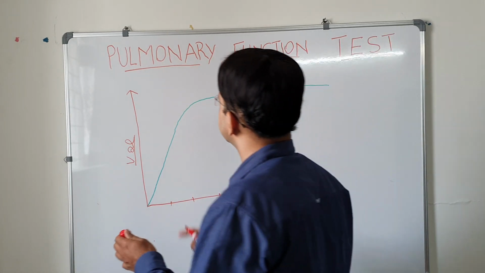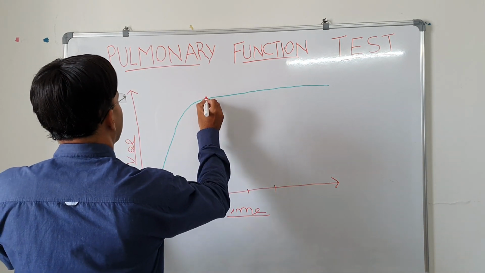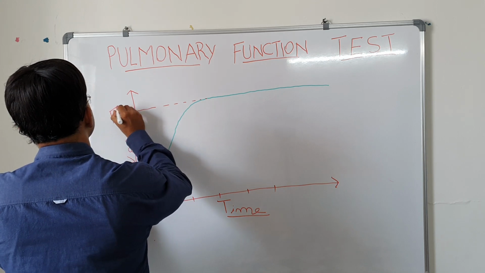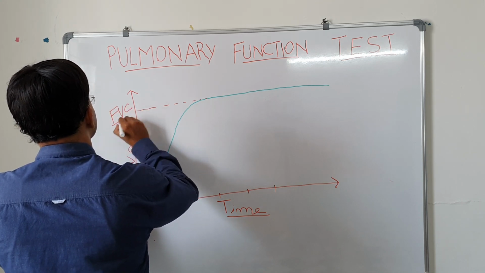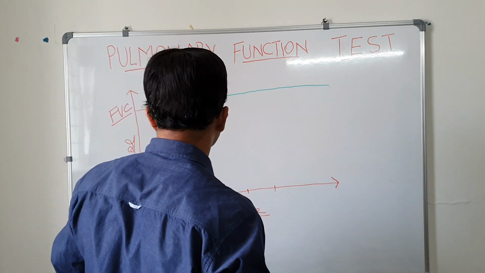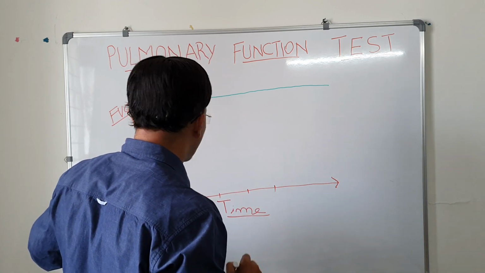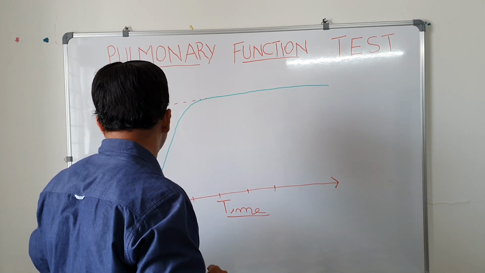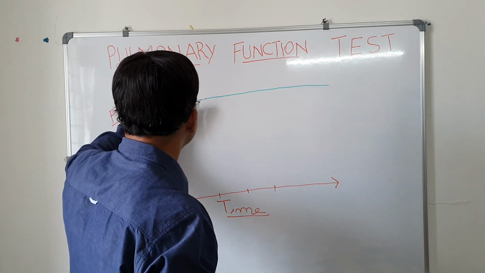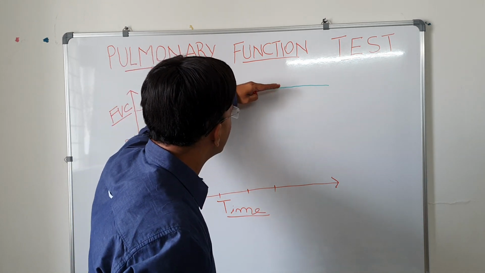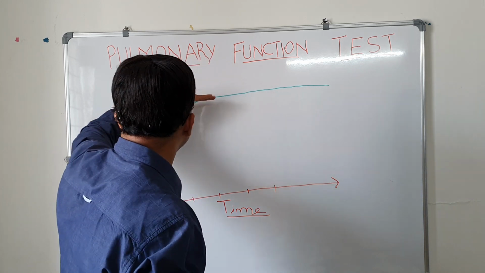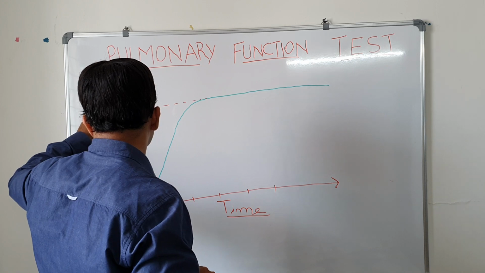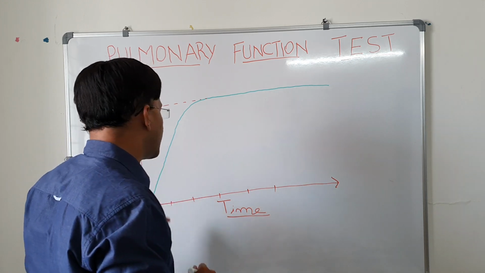If we plot it, this will give us our FVC, our forced vital capacity. Okay, what's the volume of air that has been blown? The total volume of air blown out by the patient is shown by this plateau. When this plateaus, that means this is the highest volume, the total volume of air which the patient has breathed out.